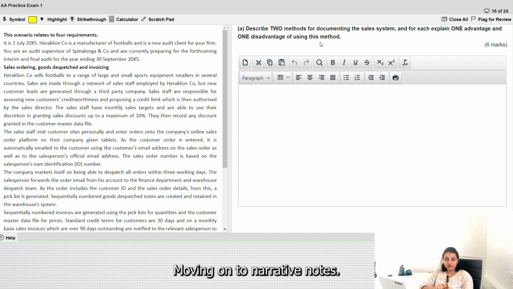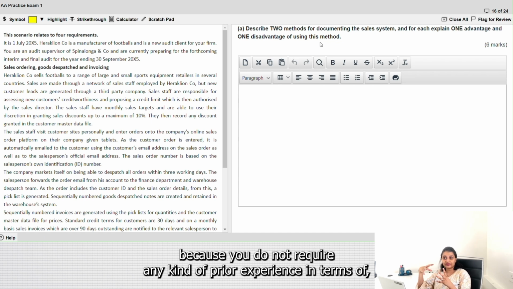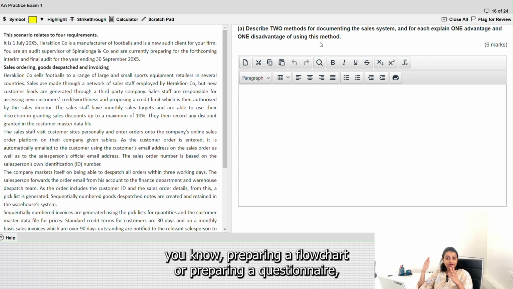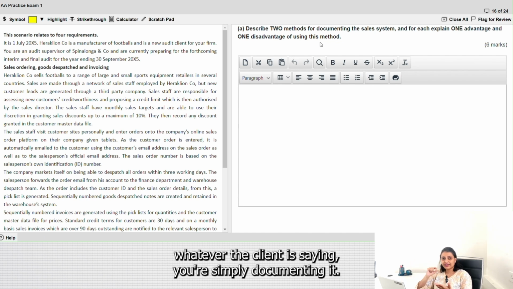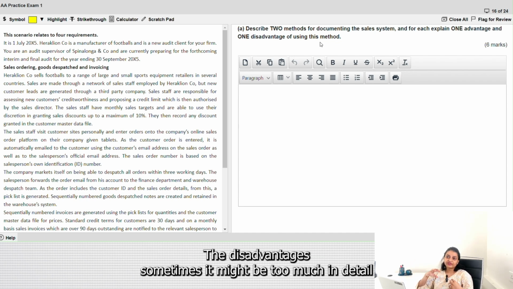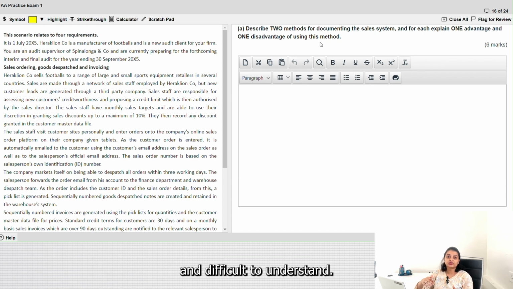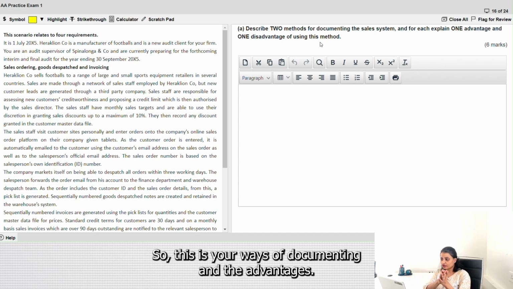Moving on to narrative notes. Narrative notes is very easy because you don't require any kind of prior experience in terms of preparing a flow chart or preparing a questionnaire. Whatever the client is saying, you're simply documenting it. The disadvantage is sometimes it might be too much in detail and difficult to understand. So these are your ways of documenting and the advantages and disadvantages.